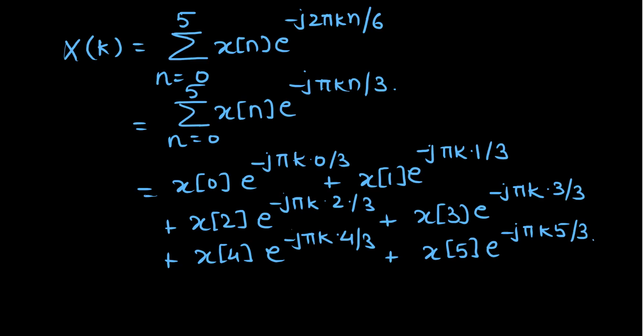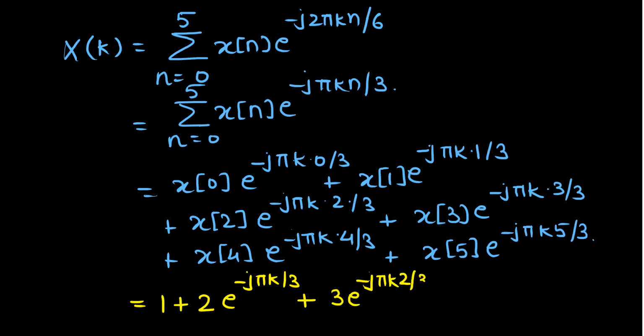So now if we simplify this and substitute the values of x of n, we know that x of 0 is 1 and this is e to the power 0, so it is simply equal to 1. So it is 1 plus the value of x of 1 is 2, so it is 2 into e to the power minus j pi k by 3 plus the value of x of 2 is 3, so it is 3 into e to the power minus j pi k into 2 by 3.